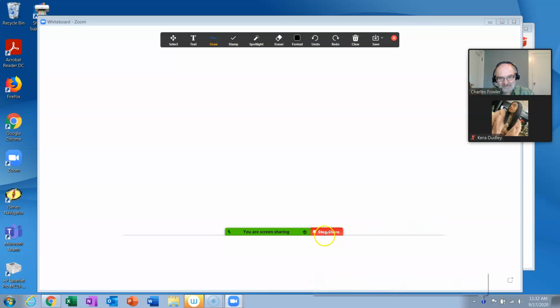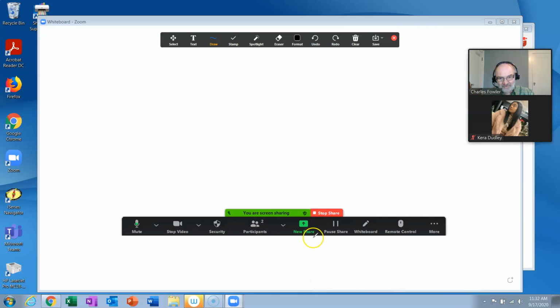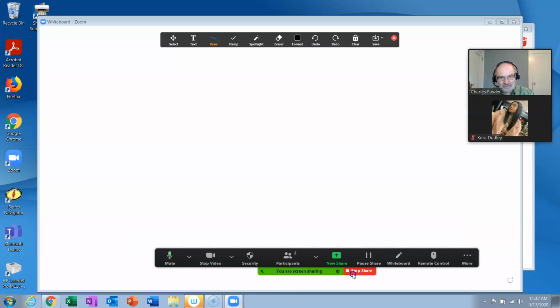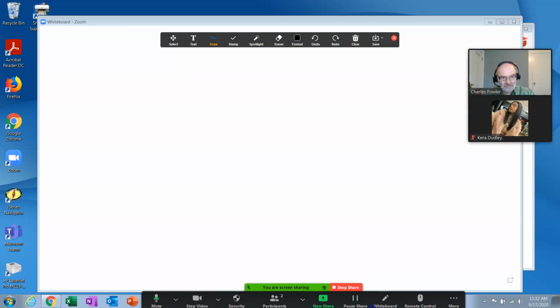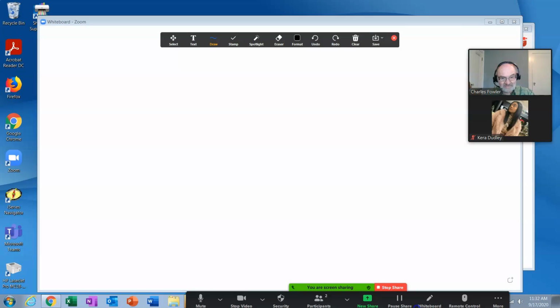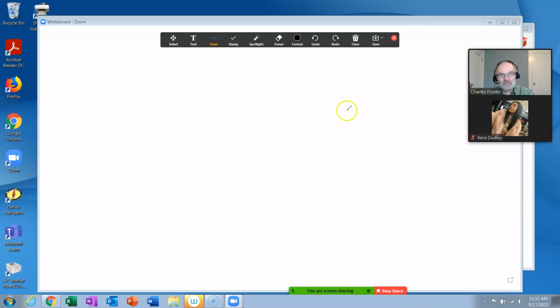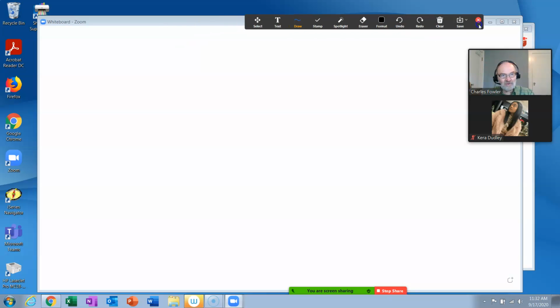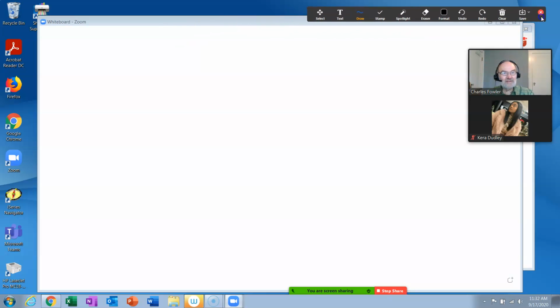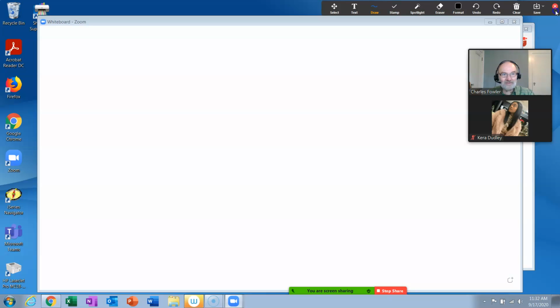You can't see this, I don't think, but the taskbar for Zoom gets right in the whiteboard space, and it's done by Zoom, so you would think they wouldn't do that. And then the taskbar for the whiteboard is right in the white space, and you would think they wouldn't do that either.